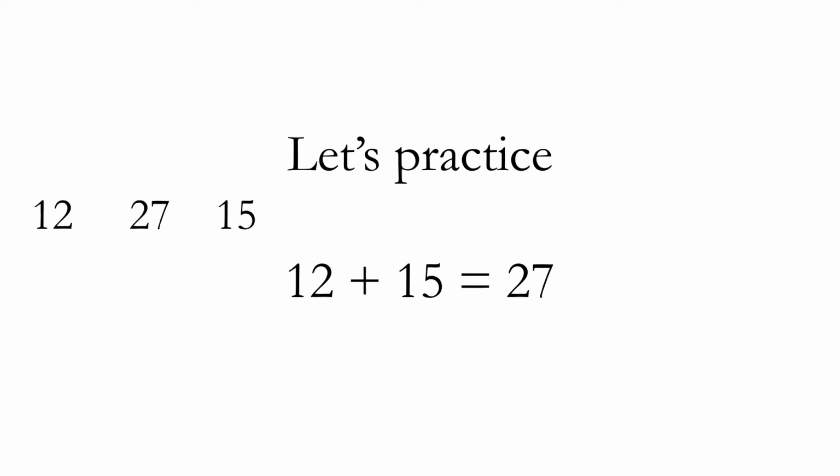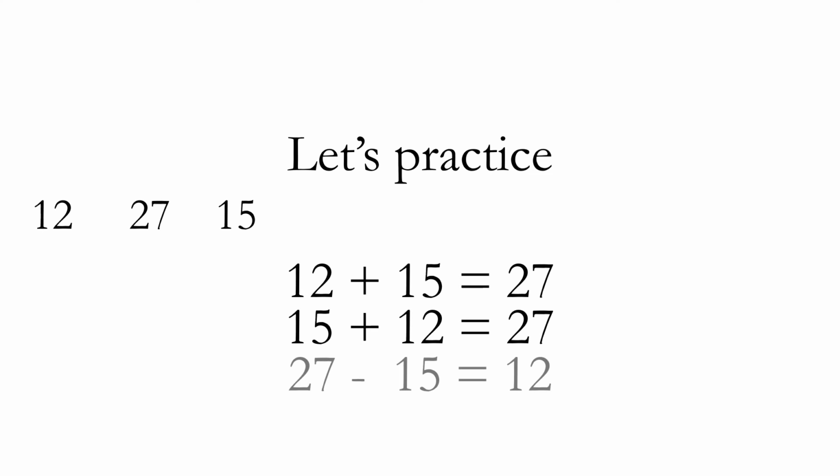So we can do 12 plus 15 equals 27. 15 plus 12 equals 27. 27 minus 15 equals 12. 27 minus 12 equals 15. Now we haven't done big problems like these yet, and the subtraction is a little bit more difficult than the addition. But remember, if we know the addition problem, or once we learn it, we can figure the other ones out right away.